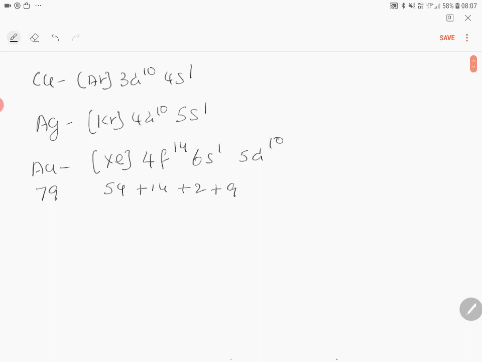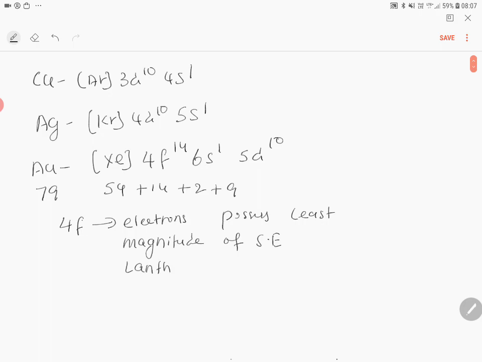Okay, now you come to the point. Since 4f electrons possess the least magnitude of shielding effect, what happens? Due to lanthanide contraction, gold is not a lanthanide, but 4f14 electrons are available.